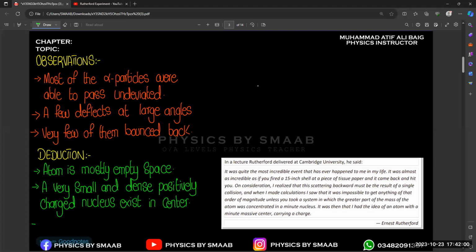And the final thing that we already discussed, that electrons move around the nucleus, right? So this is the concept.